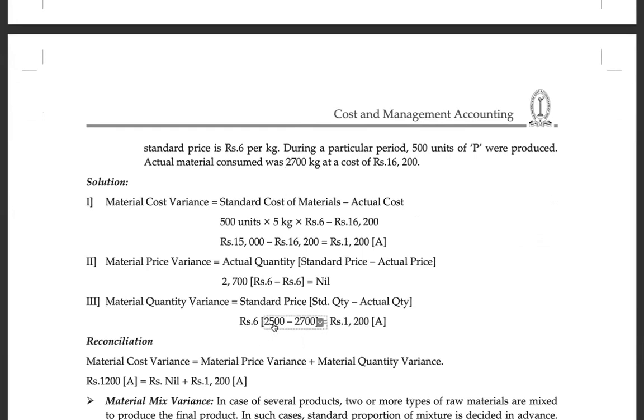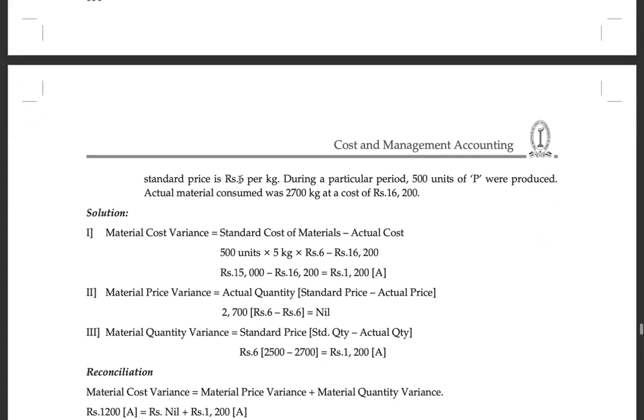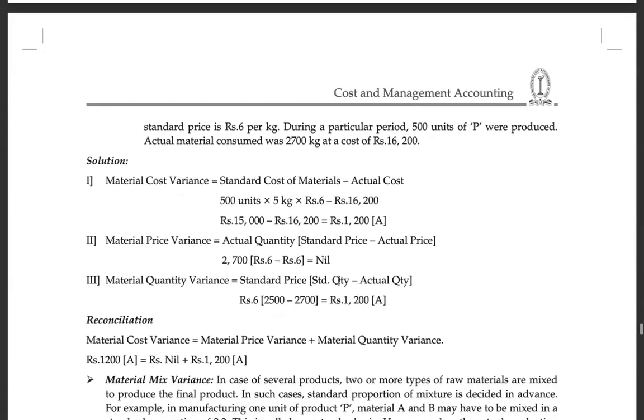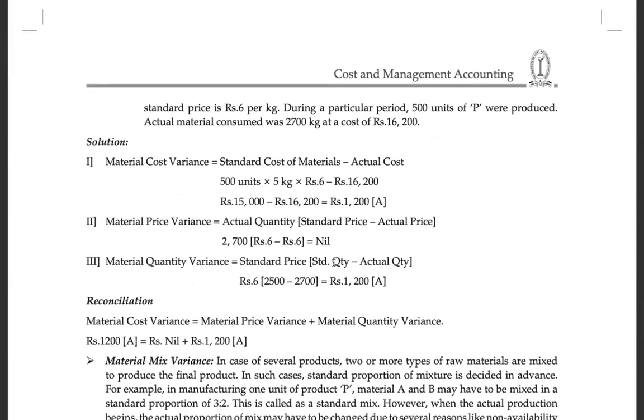So standard quantity minus actual quantity into standard price, which was given as 6 per kilogram, is equal to 1200. Now look at this. Is it a positive value or a negative value? The standard quantity is less than the actual quantity.